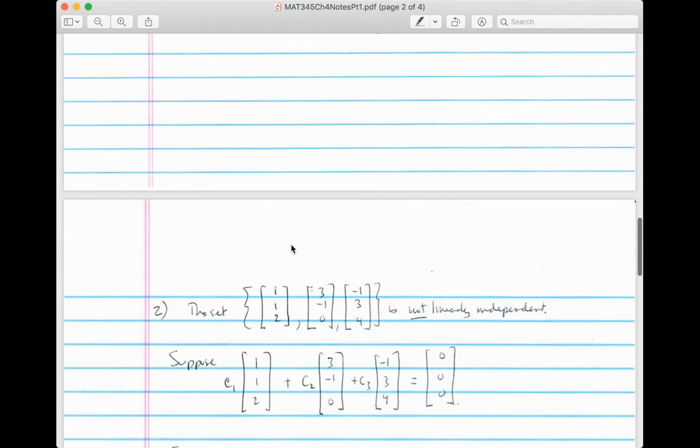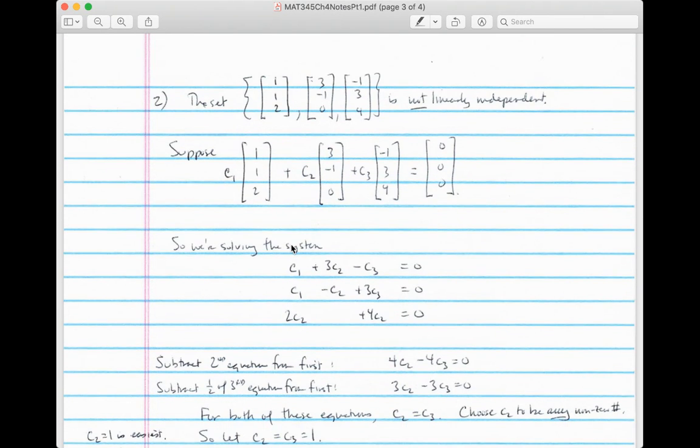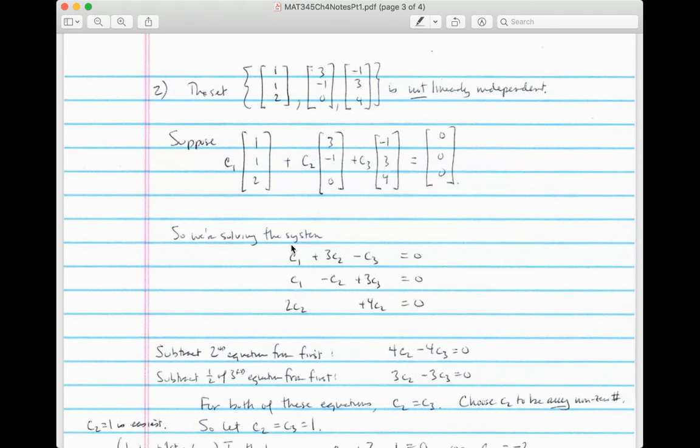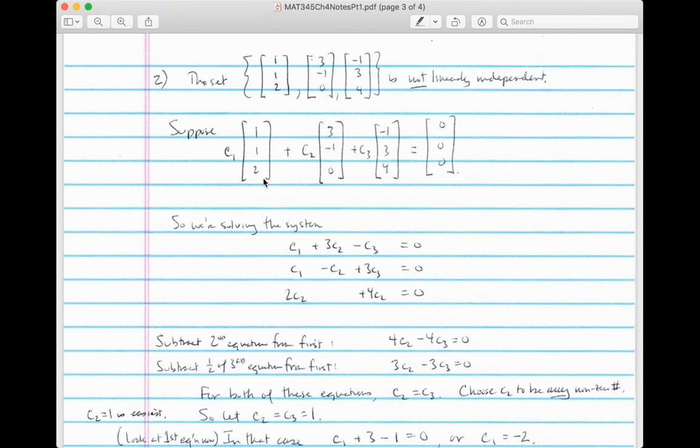My second example is a set of vectors that is not linearly independent. So again, let's suppose that C1 times this vector plus C2 times this vector plus C3 times this vector is the zero vector. I get this system of equations down here, and I'm just going to do a couple of eliminations.